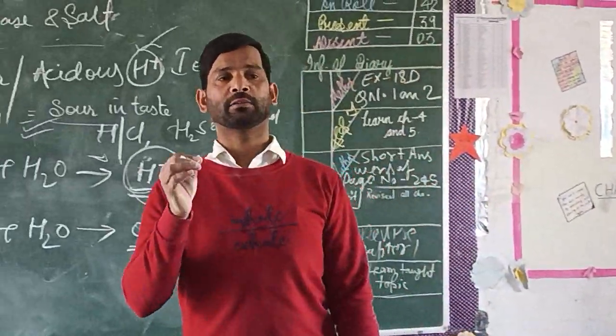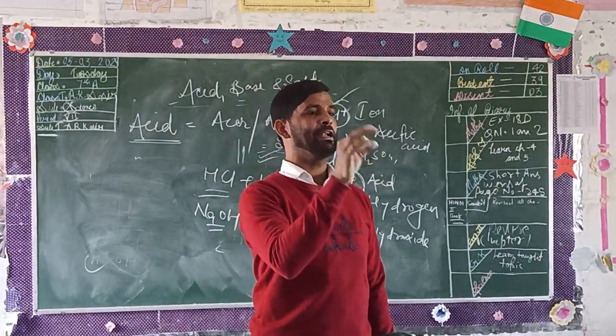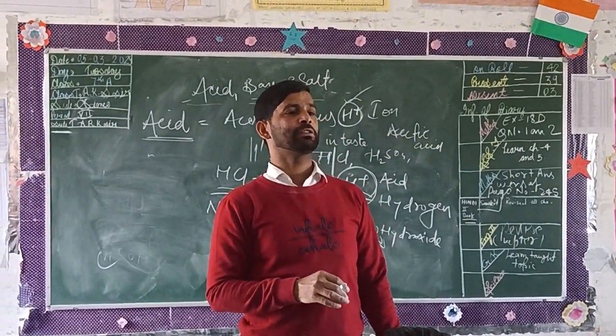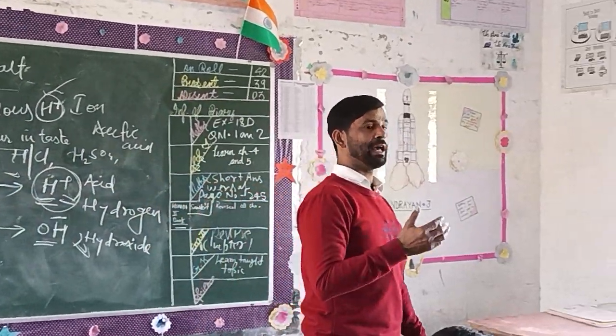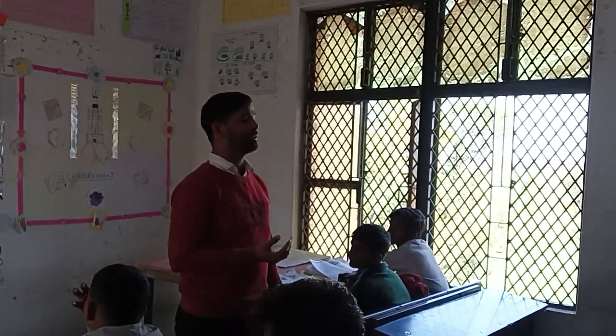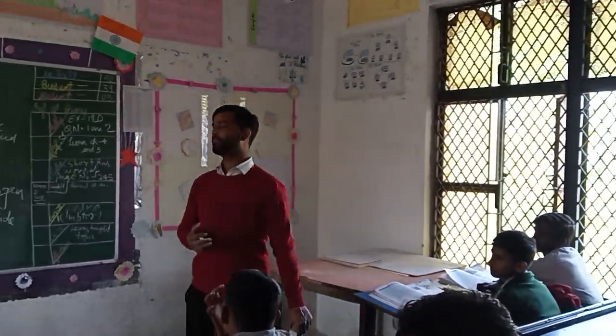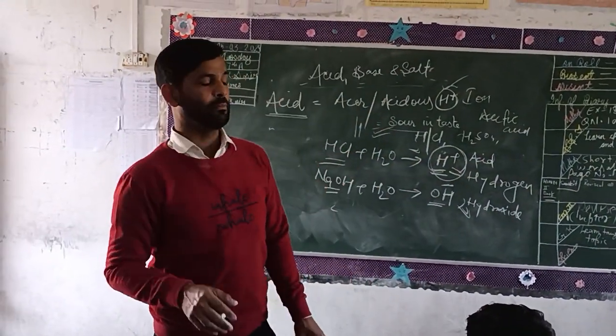So bases can produce OH- ion on dissolving with water, and they have a bitter taste and are slippery in nature. This is the basic important difference between acids and bases.